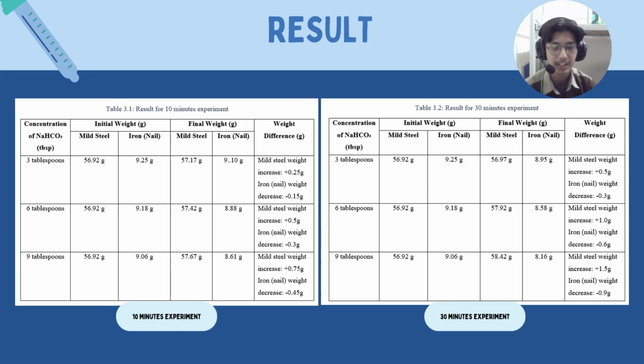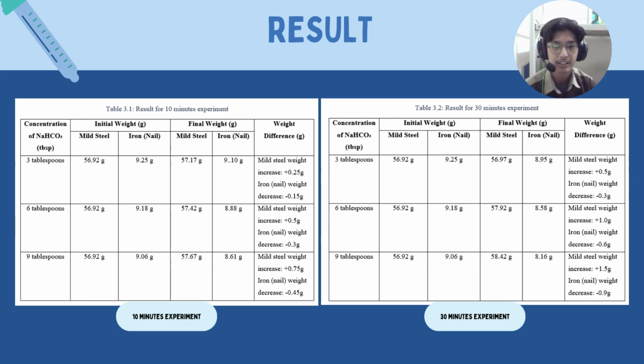So we look at the weight difference. We see that the weight difference is bigger than the 10-minute experiment. For the 3 tablespoon, we got my steel weight increased by 0.5 gram, 1.0 gram, and 1.5 gram as we increase the concentration.